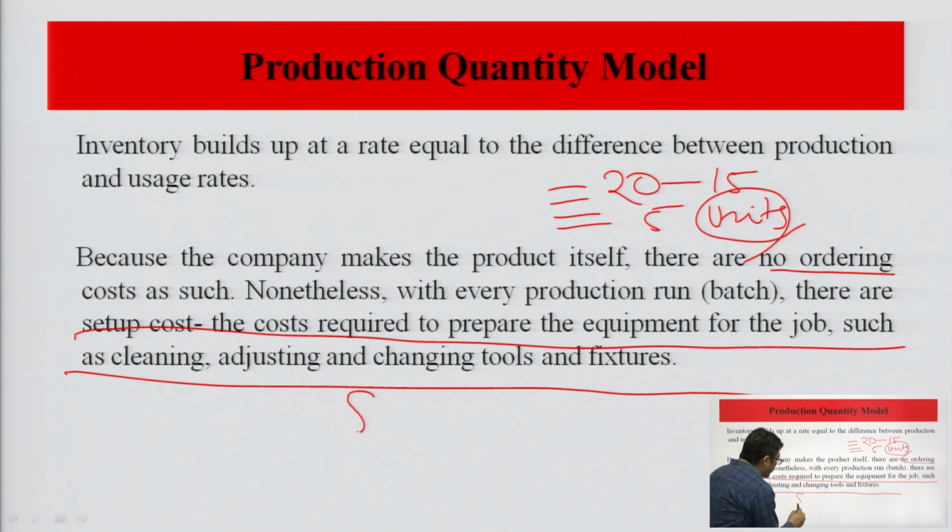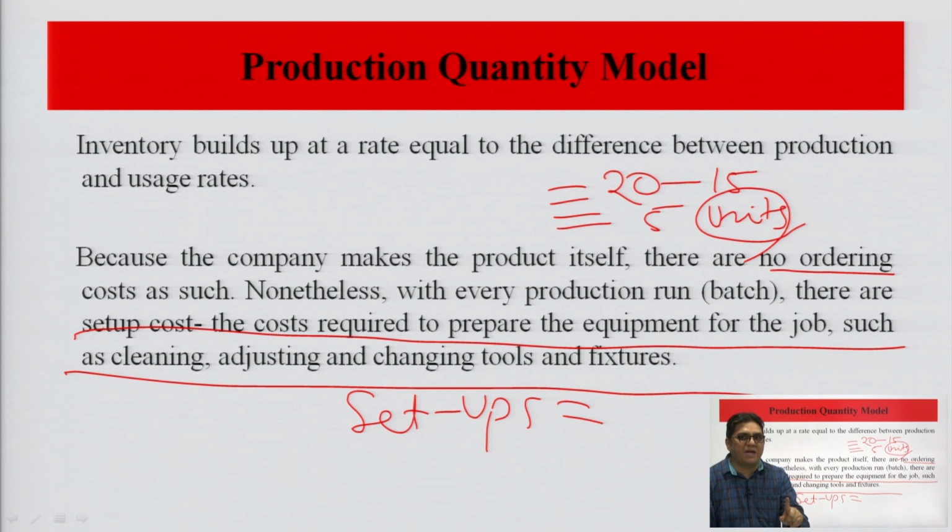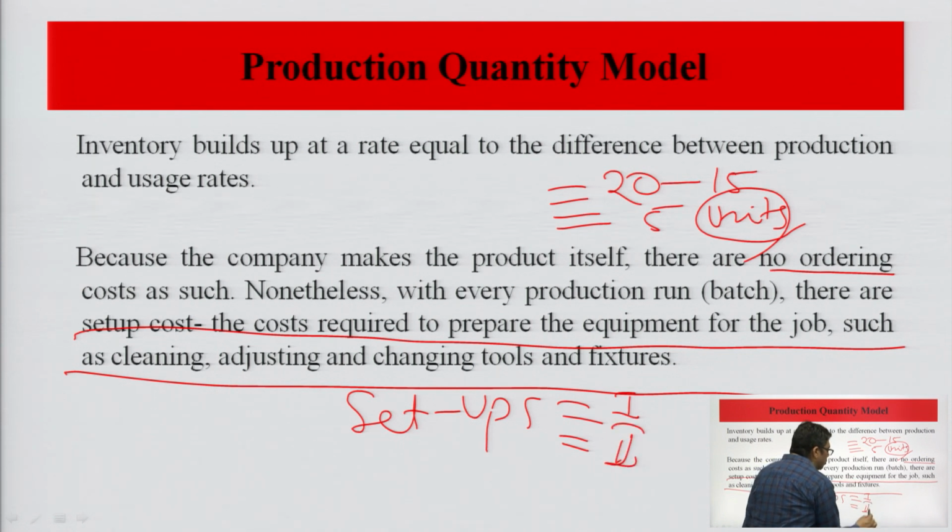So, what is the setup cost? As we have seen, production in the organization is not continuous, it is in batches. Once we have finished batch 1 and are about to start batch 2, we will clean the equipment and give it a certain pause or rest, so that the goods and machinery are in proper condition to be used in the next batches.